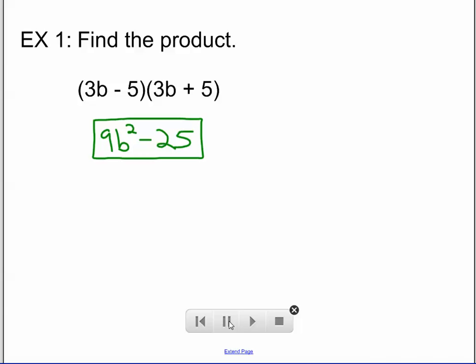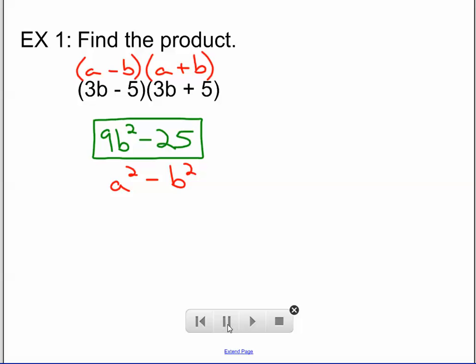First of all, I recognize that this fits the sum and difference pattern. A minus b times a plus b, or a plus b times a minus b, because order in multiplication does not matter. But 3b is the first term of both binomials, and negative 5 and positive 5, opposites, are the second term of the binomials. So when that's the case, we should always get a squared minus b squared, like I showed you on the first slide.